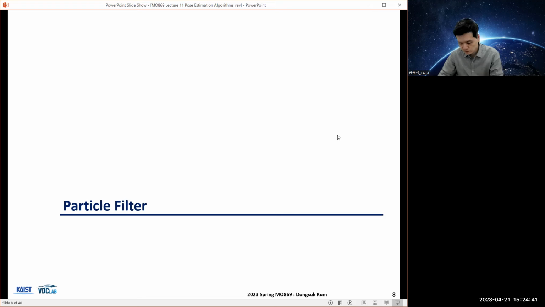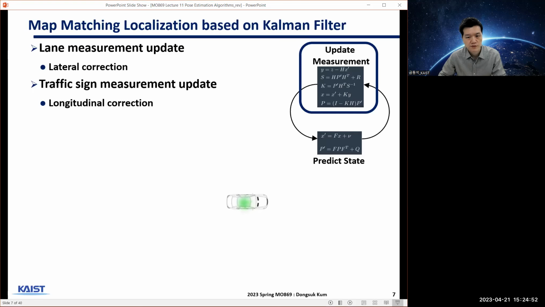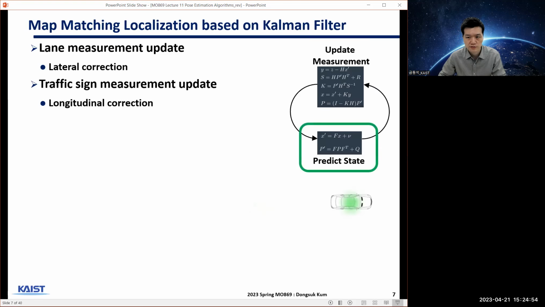Particle filter, let's move on to particle filter. Particle filter is more general than Kalman filter. Kalman filter assumed a linear system. So as you can see, these are x dot equals Ax plus Bu type of linear system model.